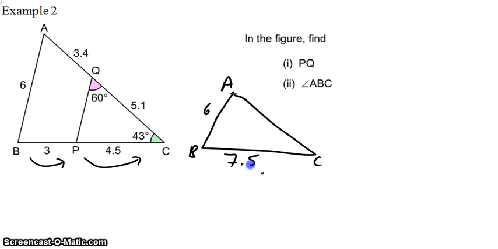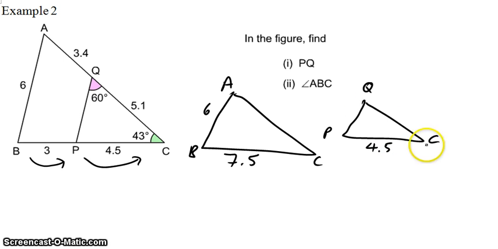So BC is 7.5. Okay? Now, take out the other triangle, which is PQC, and you'll see that PC is 4.5 and QC is 5.1.